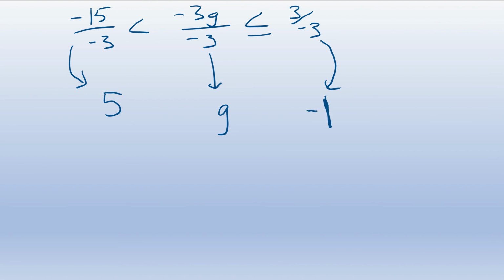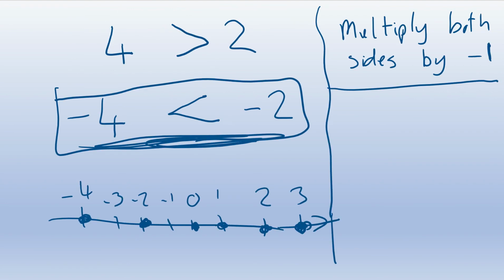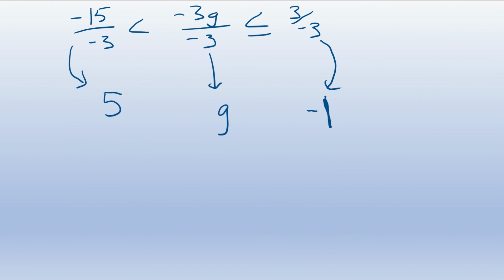Now, here's the part that you've got to be careful of because of what we said before. Our signs are going to have to change direction. So in red, my less than sign is going to change to a greater than sign, and my less than or equal to sign here is going to change to a greater than or equal to sign.